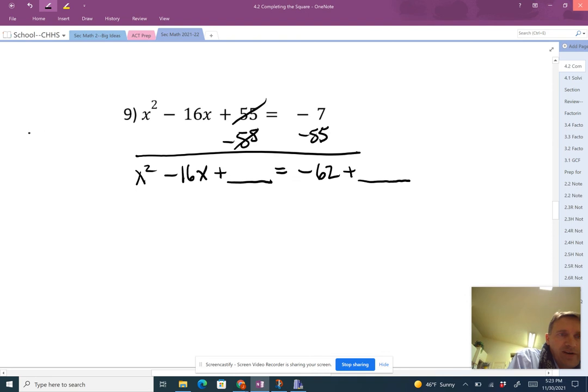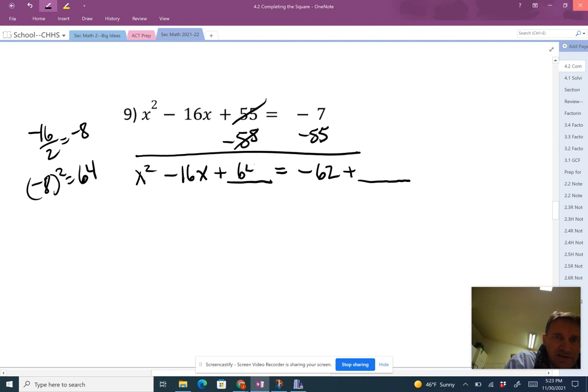So over here on the side, negative 16 divided by 2 is negative 8, and negative 8 squared is a positive 64. So I'm going to add 64 to both sides. And then I can rewrite the left as x minus 8 squared. I can rewrite the right as 2. Negative 62 plus 64 is 2.